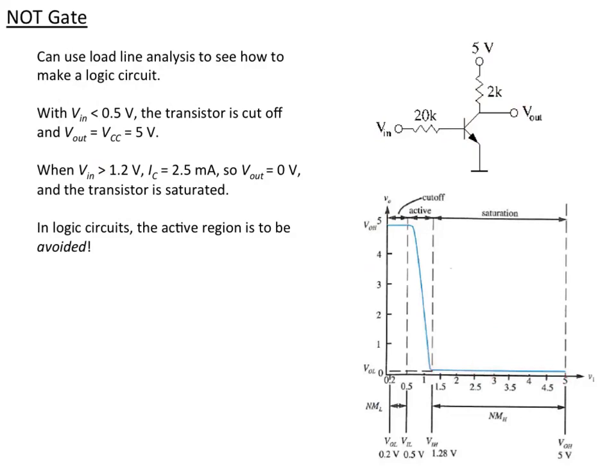Now in between 0.5 when it's cut off and 1.2 where we draw so much we're in the saturation region, the voltage out depends exactly on how the current is, and that's when we're in the active region. But for digital circuits, for logic circuits, we want to avoid that region.